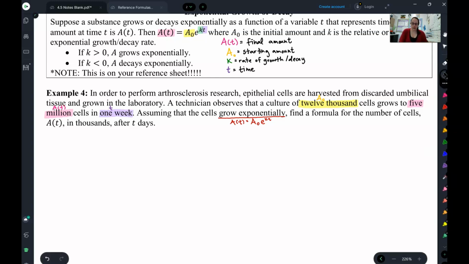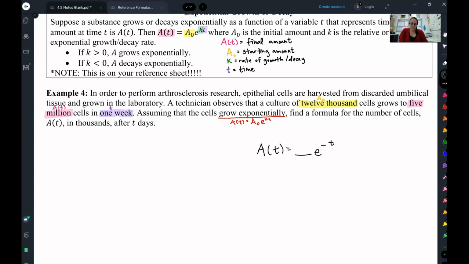Now, what we're doing says find a formula for the number of cells in thousands after T days. So basically, I want to find a final equation where I have A naught and I have K, and I just leave A of T and T, so that in this equation, I can plug in any T and get how many cells are there.